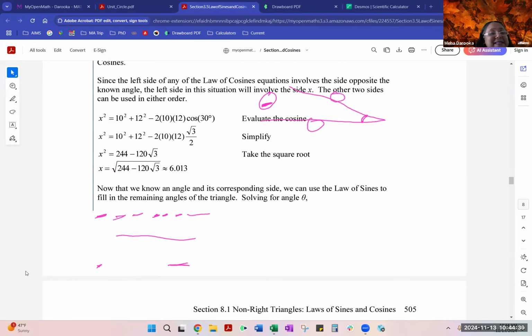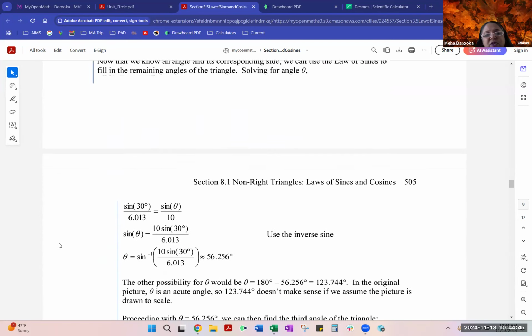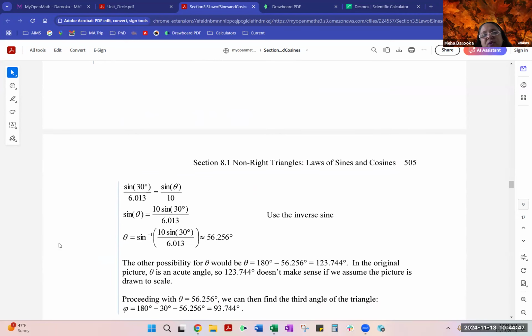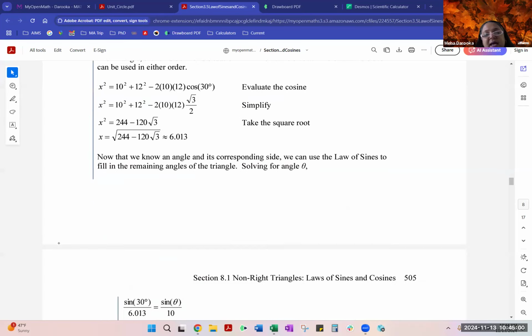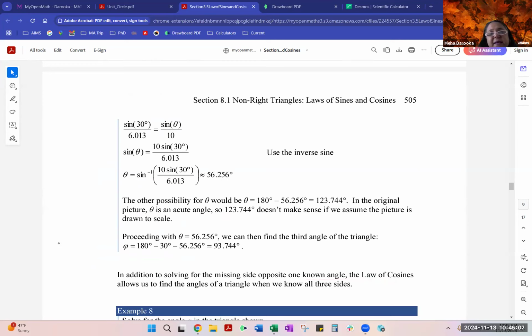For the missing angles, you can go back to using the law of sines. We know angle 30 was given to us, and the side opposite to that is what we just calculated, 6.013. Then you can use one of the other known sides to find the second missing angle.